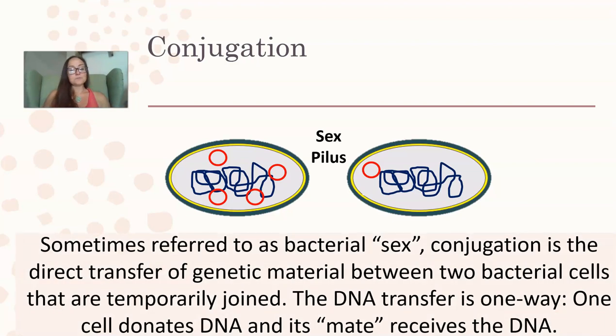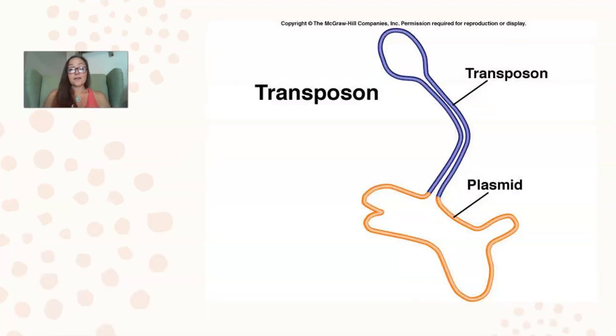This is sometimes referred to as bacterial sex, but in conjugation, it's the direct transfer of genetic material between two bacterial cells that are temporarily joined. The DNA transfer is one way. One cell donates the DNA and its mate receives the DNA.